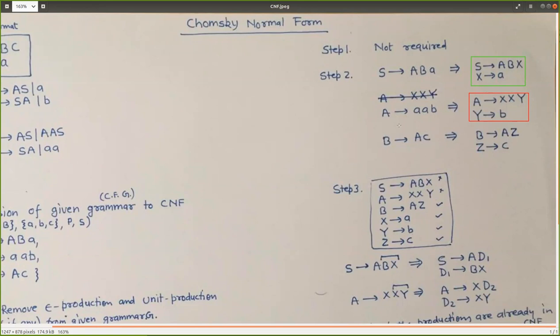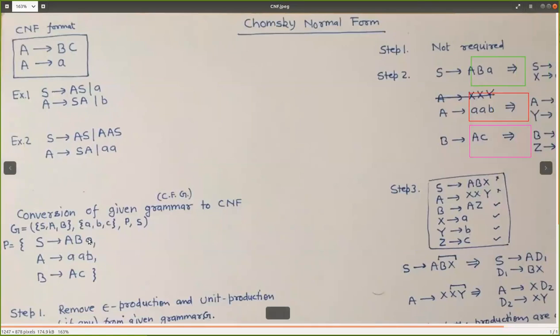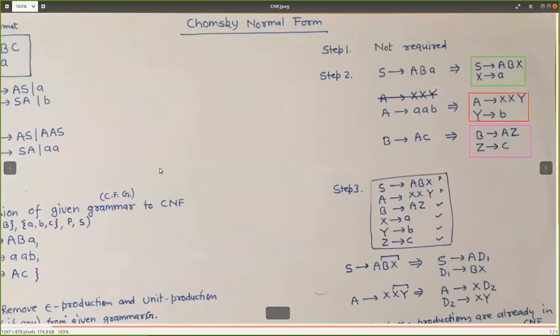So this production B produces A C would be converted to B produces A Z and Z produces C. So our given grammar, which has three productions, is now converted to a grammar in which there are six productions. I simply collected all six productions in one place here.